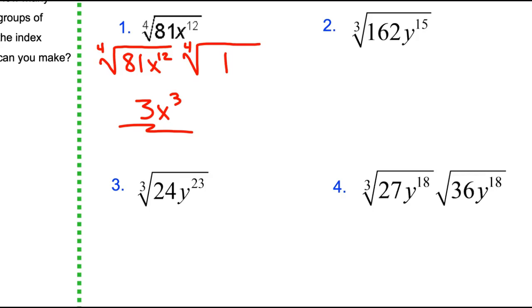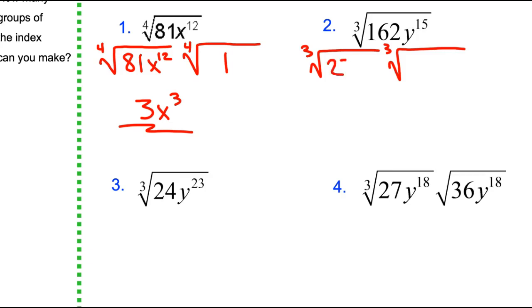Yep, this is review from Friday. Except for maybe number 4, which might be a little different. Number 2, break this up, couple perfect cubes. So perfect cube stuff, not perfect cube stuff. Perfect cube factors of 162 is going to be 81, is it? No, 81 is not a perfect cube. I'm looking at the wrong one. I think it's 27 and 6.